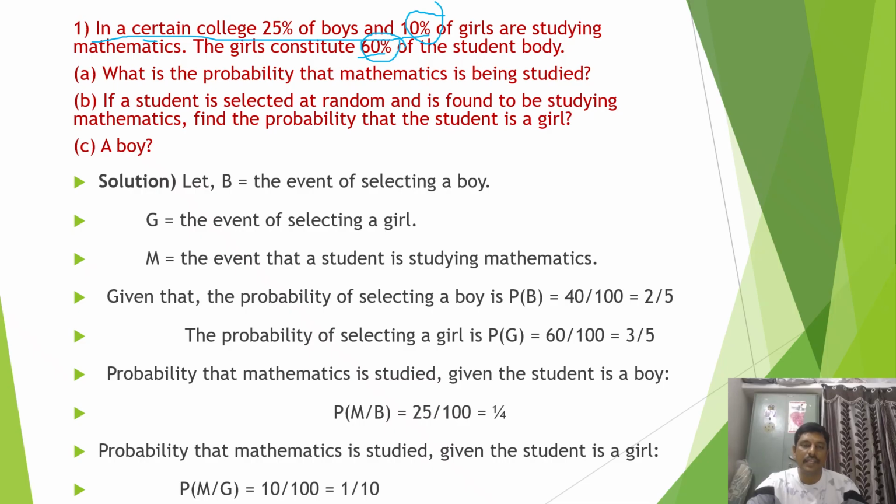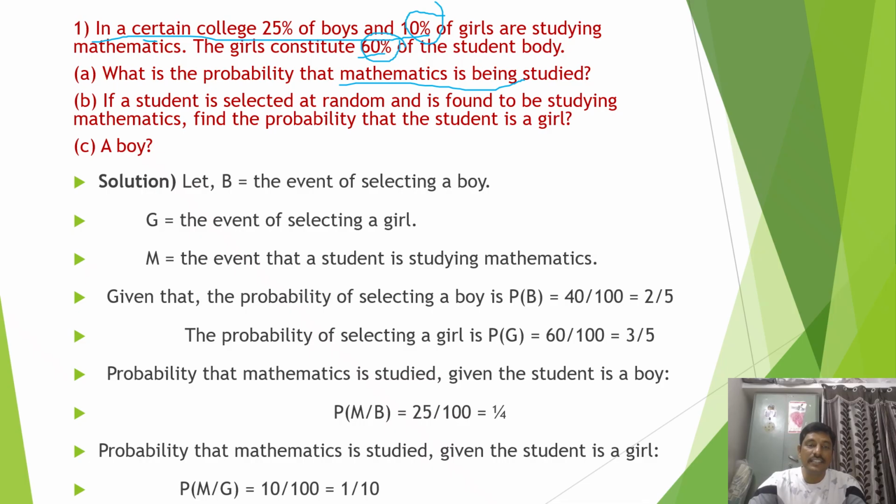That means P of G by M is given, as well as P of G is given, because 60% of the students are girls. Boy students who are studying mathematics is also given, 25%. That means P of M by B is given, P of M by G is given. Clear? That means what is the probability that mathematics is being studied? So we can find the total probability of studying mathematics, P of M.